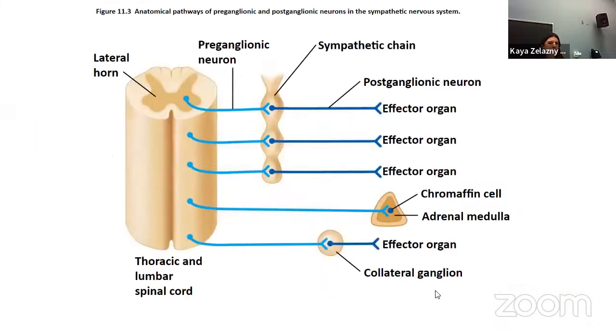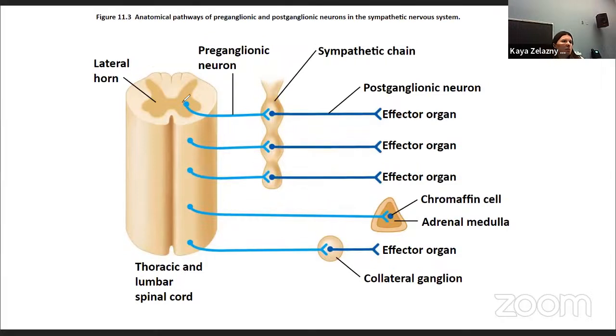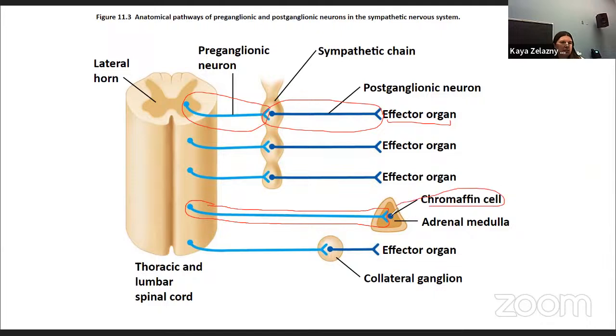So here we see a map of our different routes. Most of our nerves are going through the preganglionic neuron, into the sympathetic chain, into the postganglionic neuron, and then out to an effector organ. Some of them are going all the way from our spinal cord into the center of the adrenal gland to synapse with a chromaffin cell.